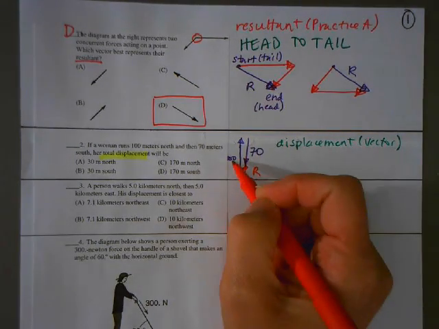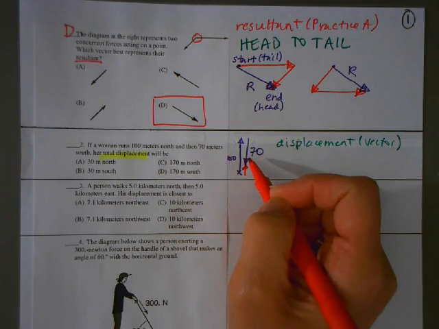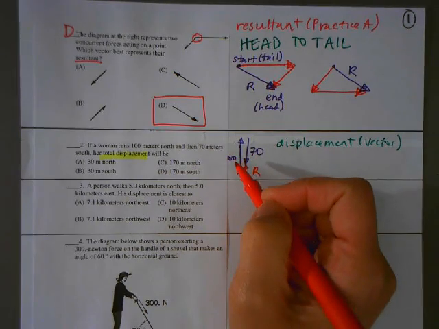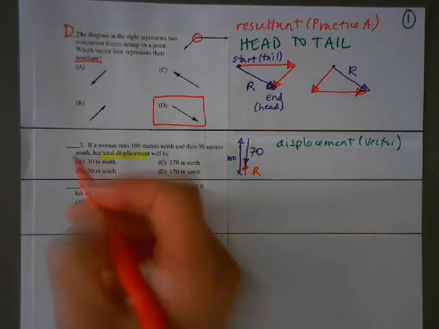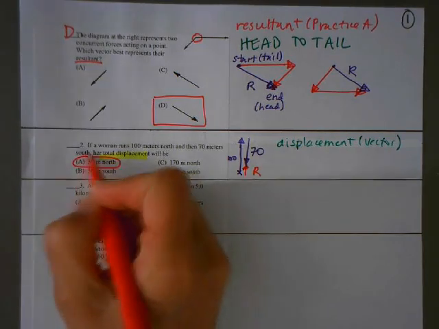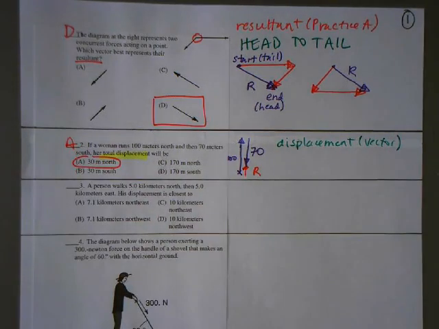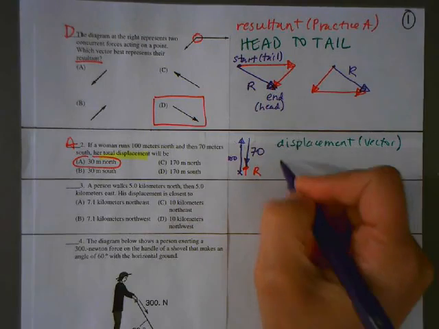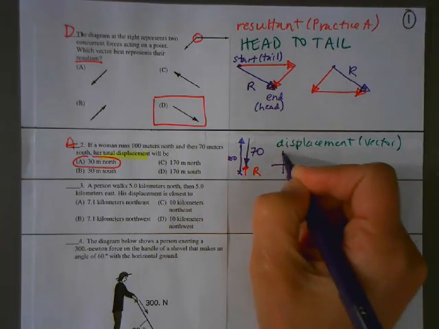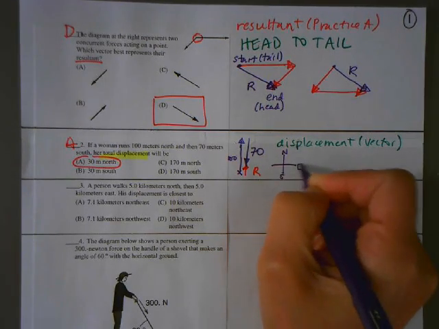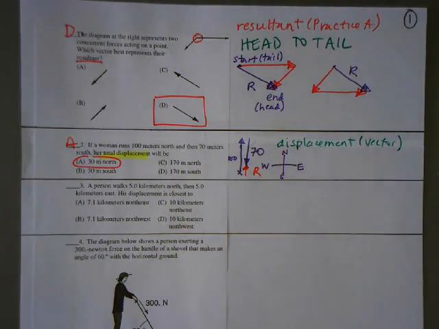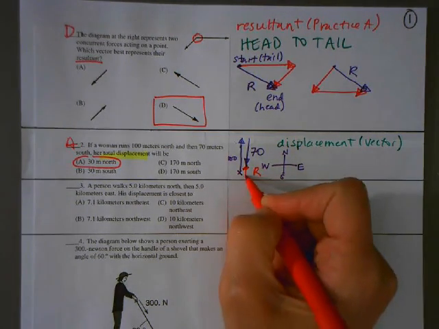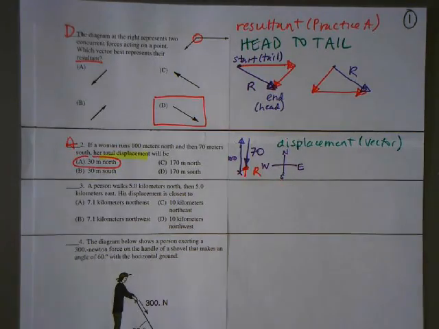So we see 100 minus 70 is 30, and because that's pointing up, I know that it's north. And again, we need to remember our geographic directions, north, south, east, and west. Okay. So again, this is where I start and this is where I end up.